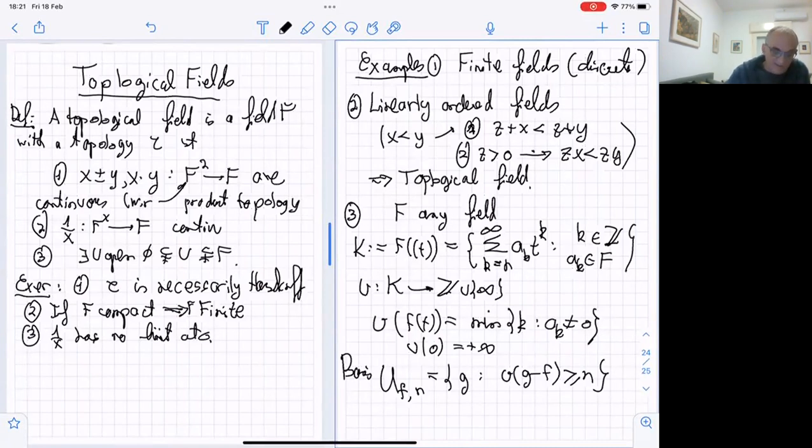I will just comment that if you view F inside K, it is closed, and the induced topology is discrete.